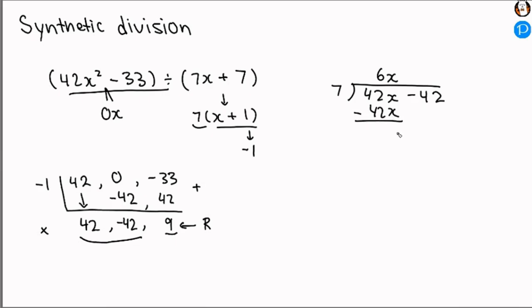Subtract 0, bring the -42 down, which divided by 7 is not positive 6, it's going to be -6.